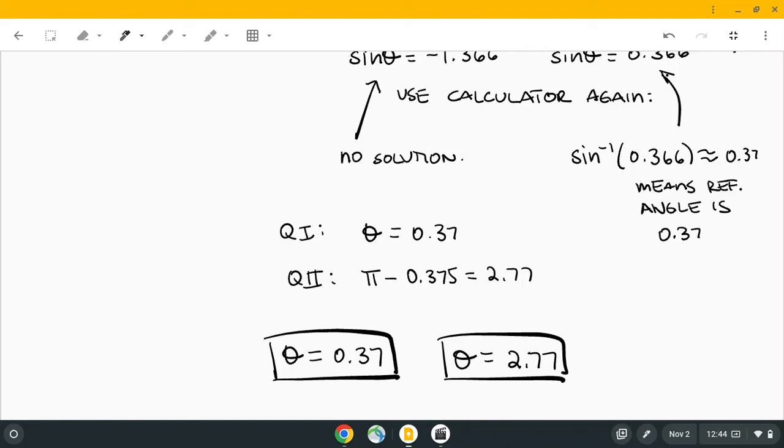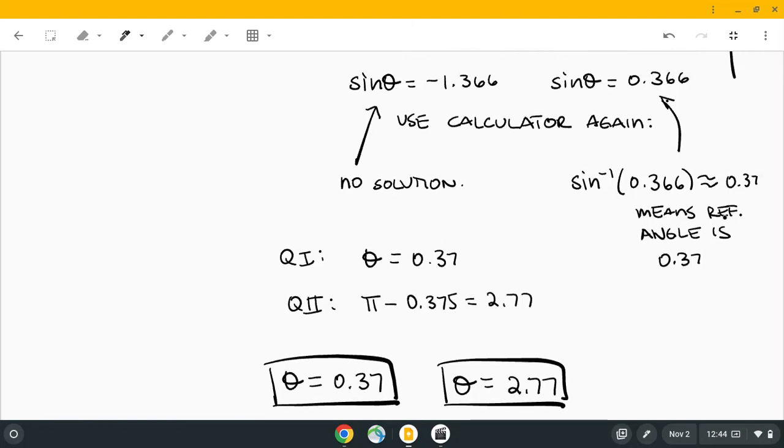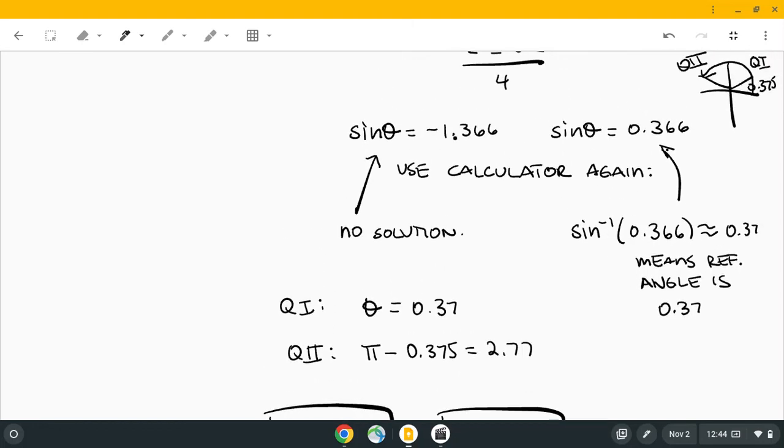Okay, so a little messy there, but hopefully you were able to keep track of how I got these answers. Again, this one, no solution. Here I use sine inverse. And remember, when you use sine inverse, you're really finding the reference angle, and then you can make your changes as needed, depending on the quadrant where you want your angles.